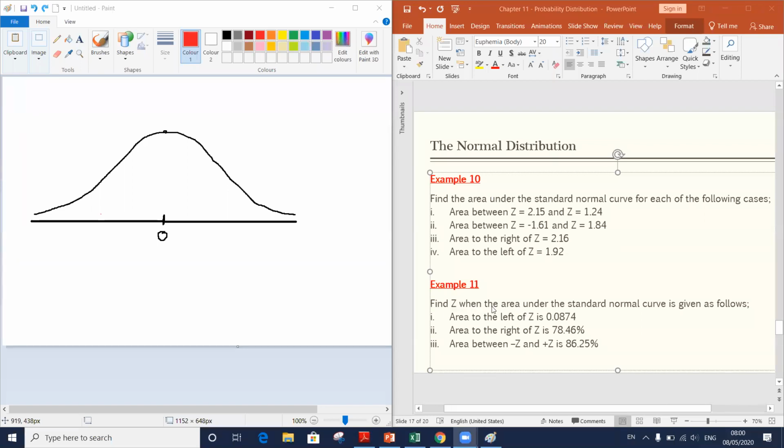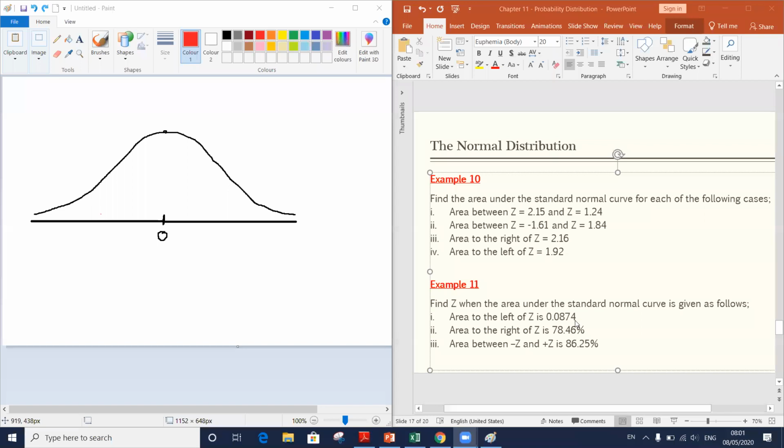Find Z when the area under the standard normal curve is given as follows. Part 1. Area to the left of Z is 0.0874.